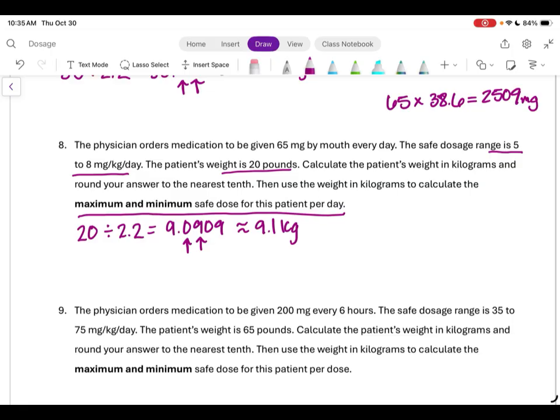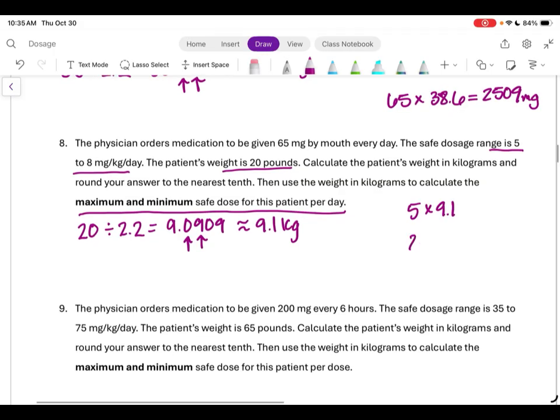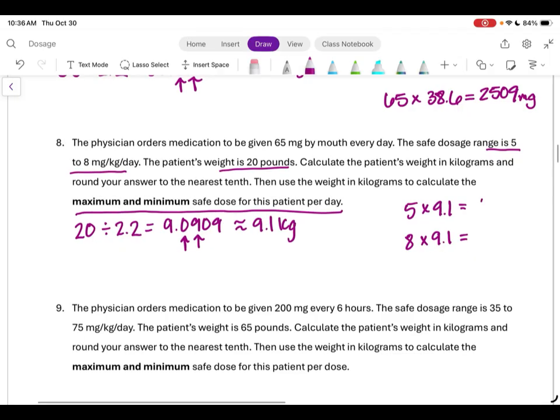I have my dose range, so it'll be 5 times 9.1, and then 8 times 9.1. Okay, so my minimum safe dose is 45.5 milligrams, and my maximum safe dose for this patient is 72.8 milligrams.